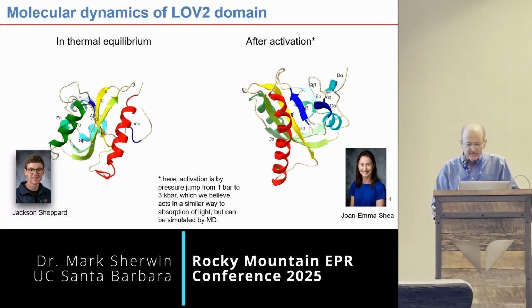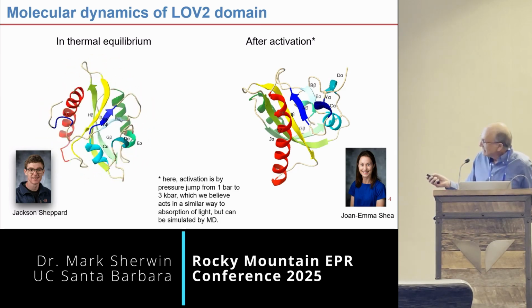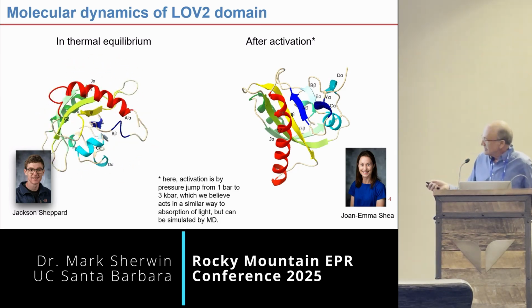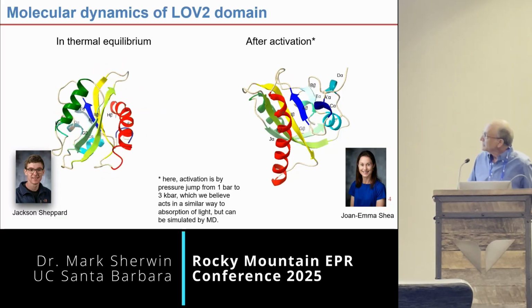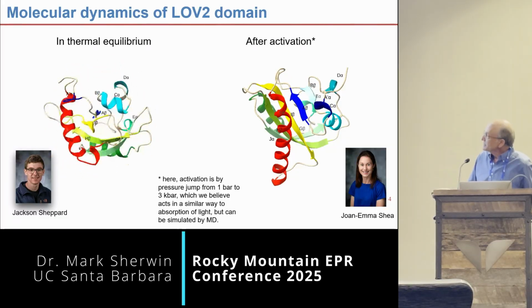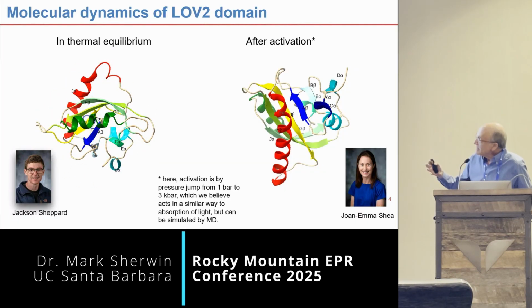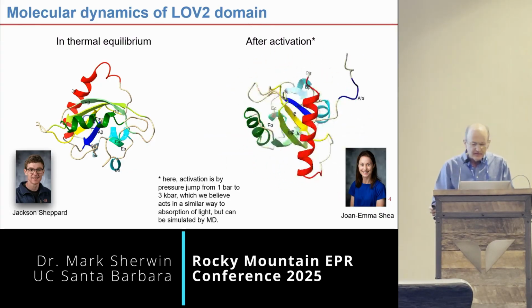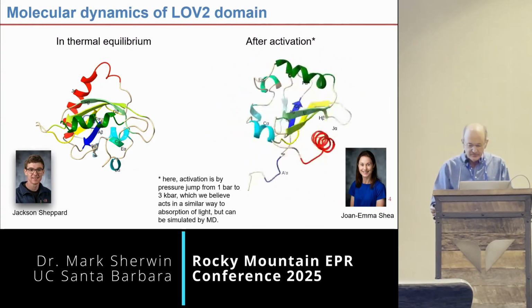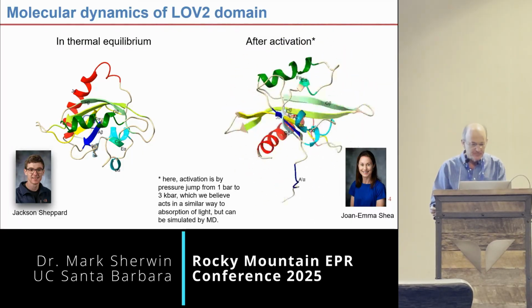If you watch this simulation, you'll see that the J alpha helix, the red J alpha helix, will gradually, over the course of this 200 nanosecond simulation, begin to undock from the protein, and that undocking of the J alpha helix is thought to be central to the action of this actuator.